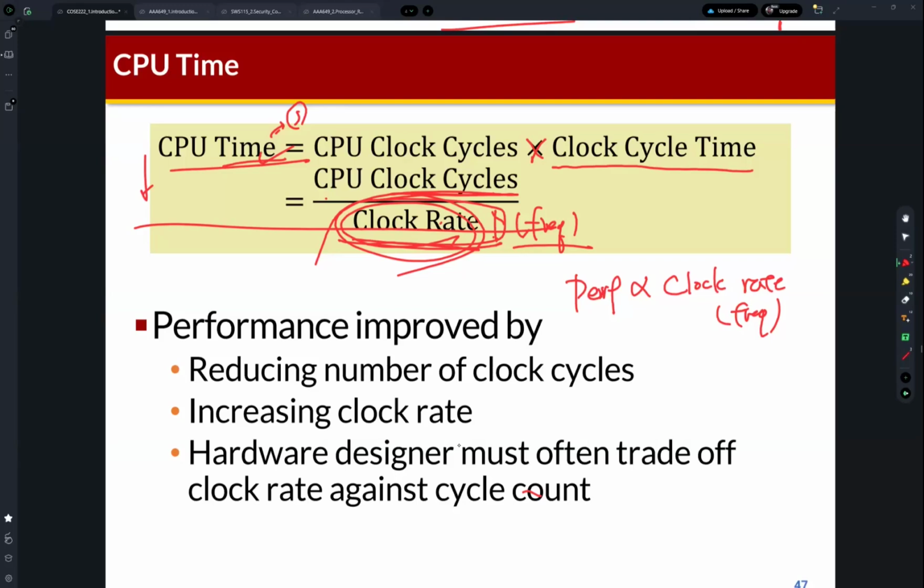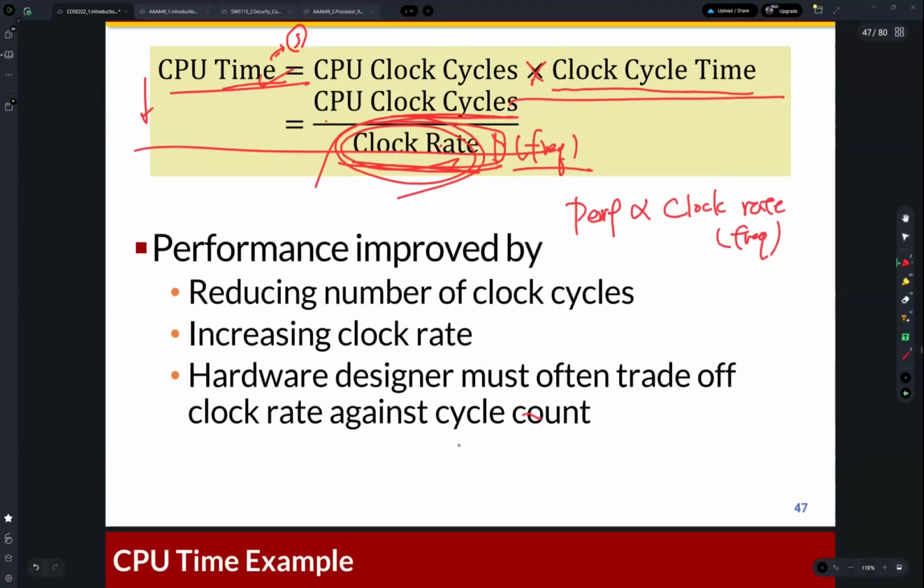So if we want to measure the CPU time, we can count the clock cycles, such as 1,000 or 100 clock cycles, and multiply by the clock period. This is the CPU time.